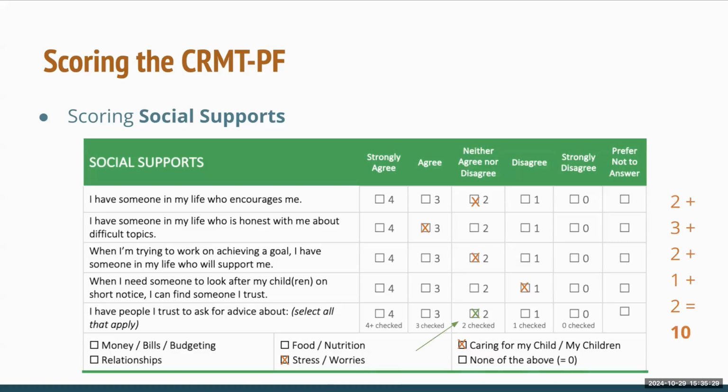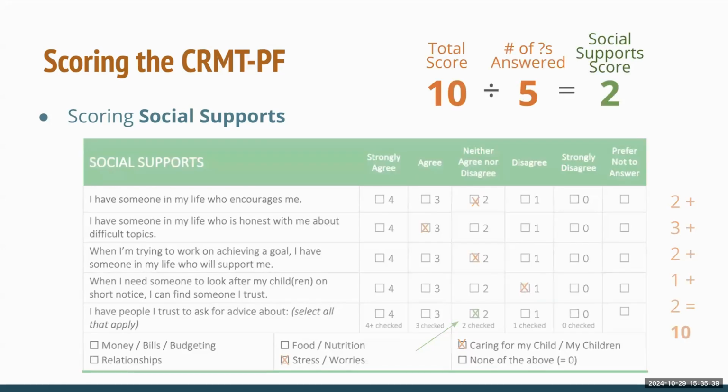As with the other sections, you calculate the total score for the protective factor by adding up the individual scores for each question. In this case, the total score is 10. To calculate the average, you divide that score of 10 by the number of questions answered, 5, to get an average score of 2 for the social supports protective factor.